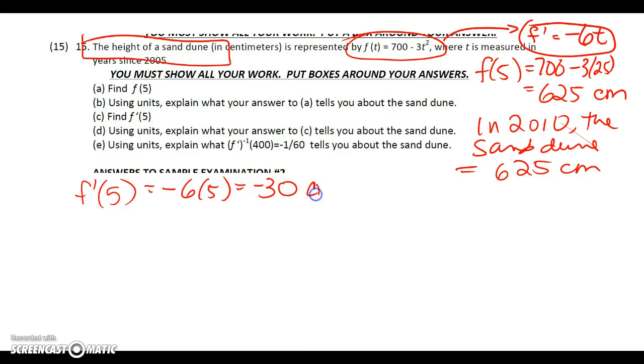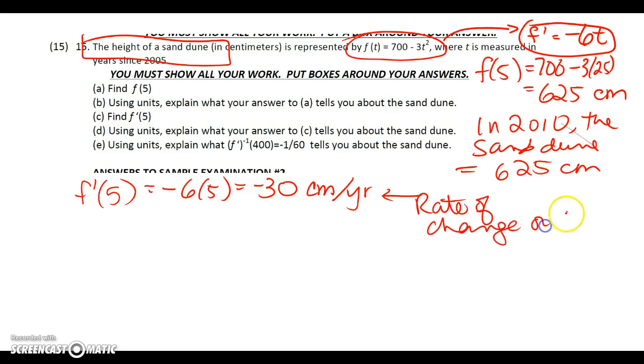This is negative 30 centimeters per year. This is my rate of change or slope at that point. It's decreasing. So my height is decreasing at 30 centimeters per year in the year 2010.